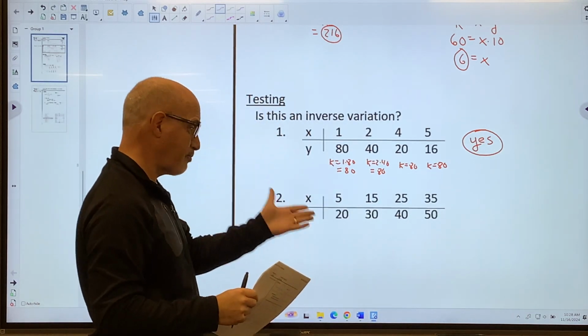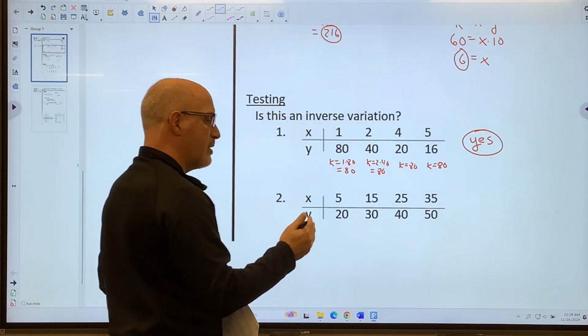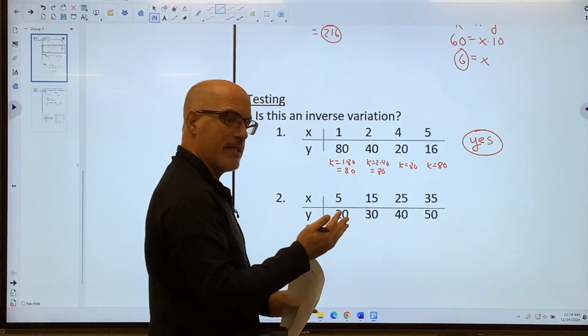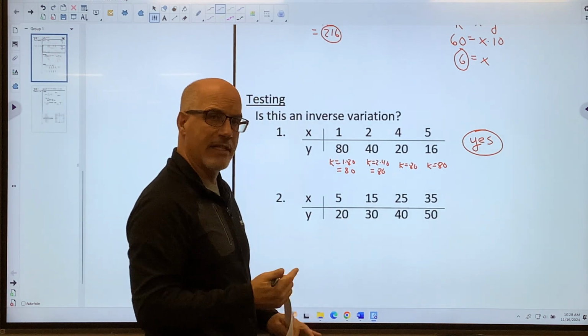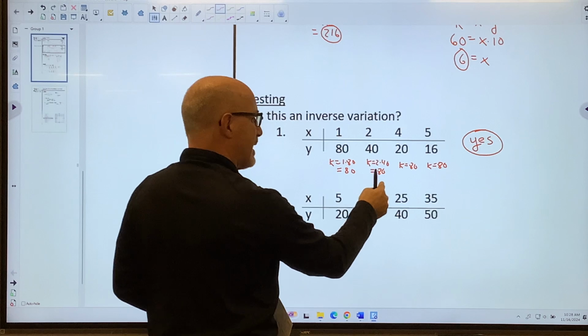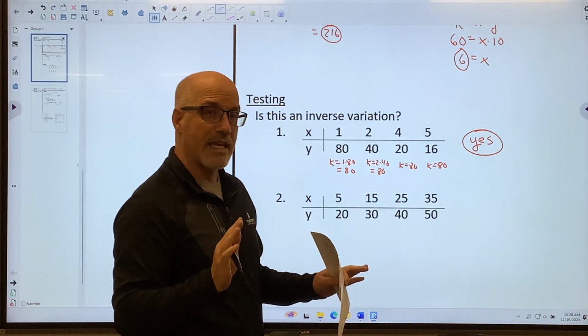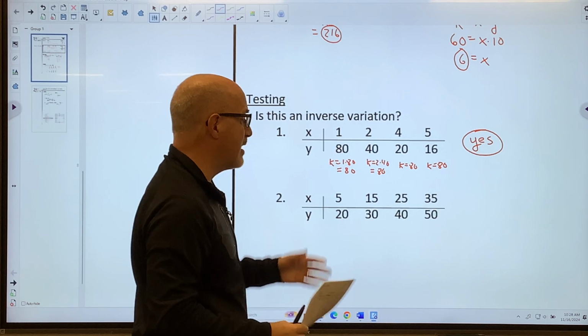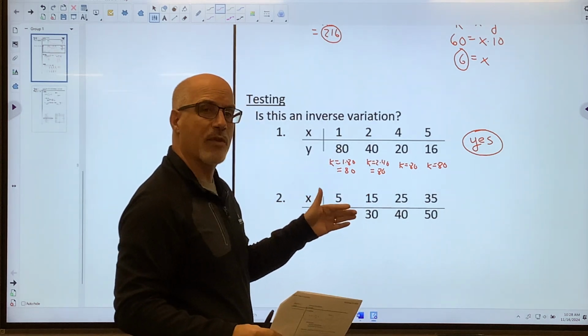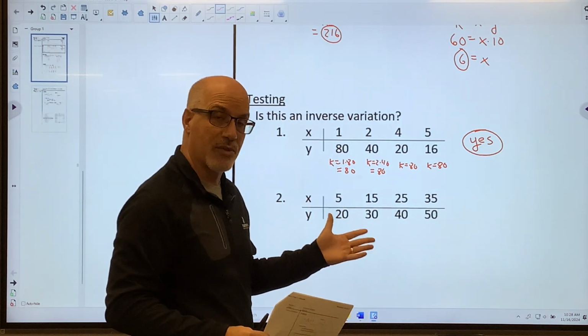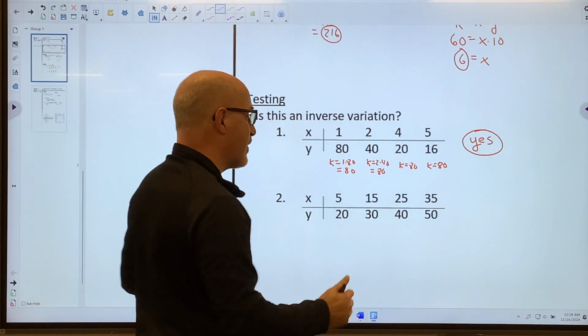Now this one, using that same idea, seems to have something constant going on, but don't be deceived by that. This one is going up by tens, and this one is also going up by tens. One thing that should give you a misgiving is that as the x's go up, the y's should be going down. That tells us it's not an inverse variation.